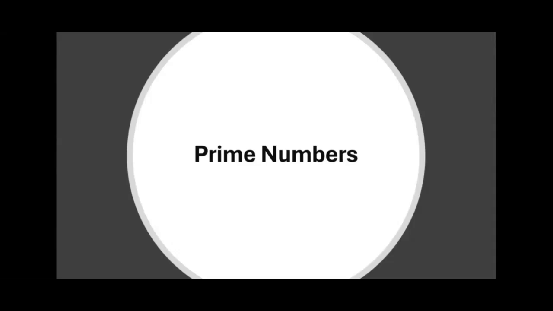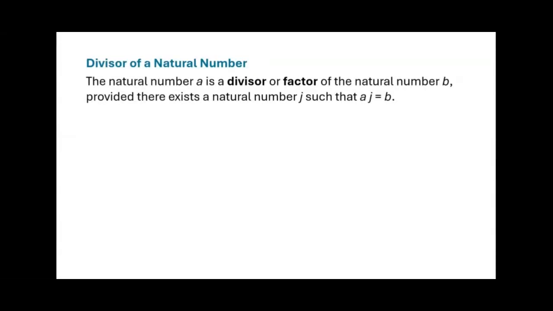Okay, so to conclude today's lesson, I am going to talk about prime numbers. Before I get into prime numbers, a quick review of what a divisor or a factor is. If you have a number A, well, actually A is going to be a divisor or factor of another number B, provided that there exists a number J such that A times J equals B. This is actually the formal definition of division.